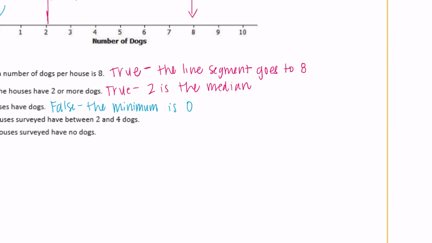So let's say false, because only 1/4 of the houses have between 2 and 4 dogs.